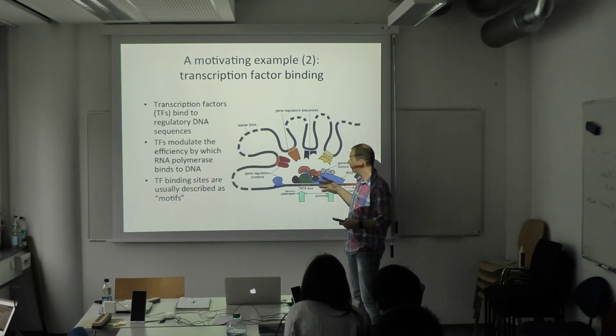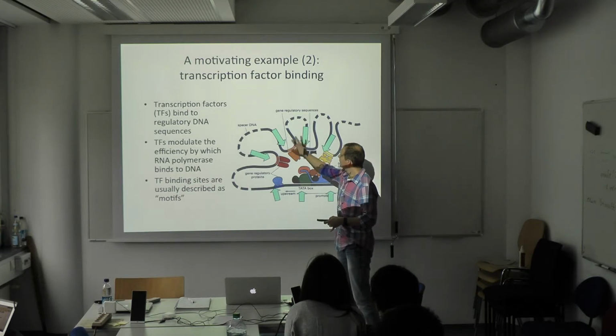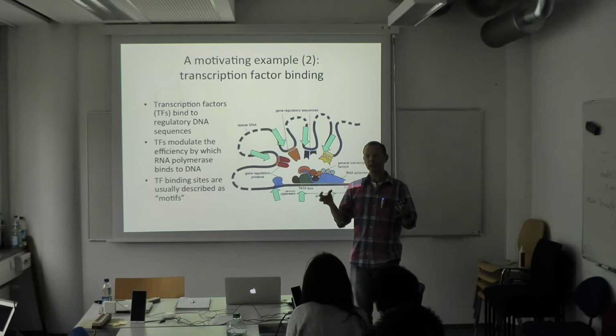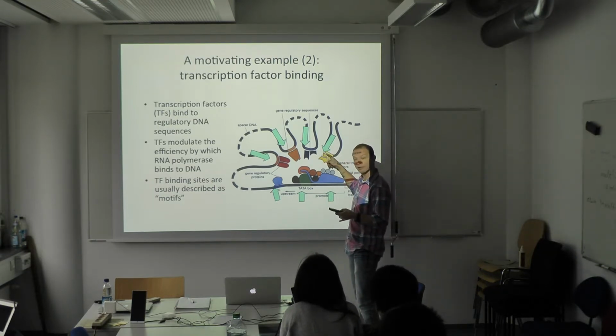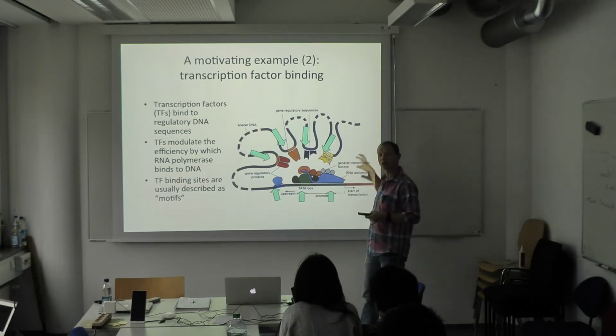But binding events just upstream of that, potentially located at other sites that are proximal in space, not necessarily in sequence. So this thing over here, this binding event, might be way upstream or possibly way downstream of the gene.